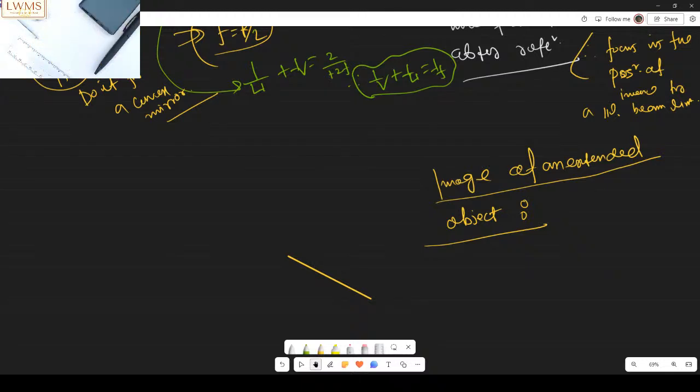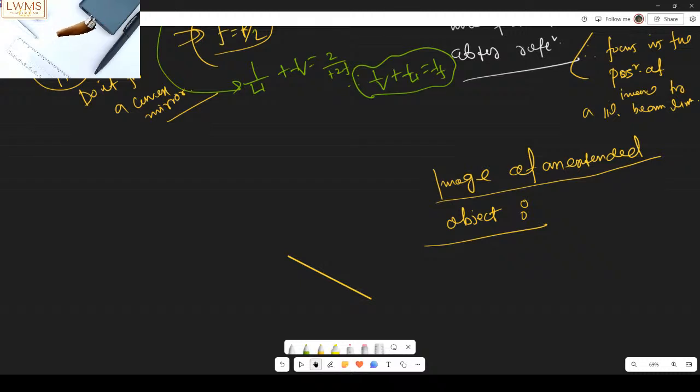What is the sign convention for it? For it, the sign convention will be: rays are allowed to fall from the left side only. Distance is measured from the pole along the principal axis.